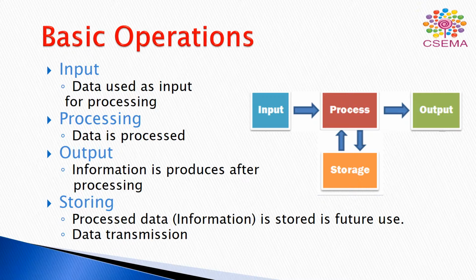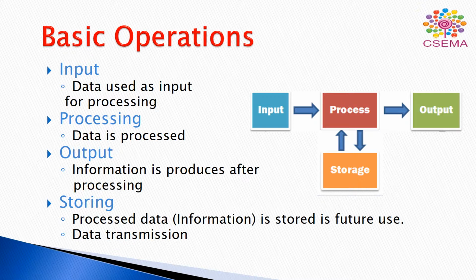When the computer gets input from the user by using input devices, then this data must be processed, meaning any kind of operations performed on data is called processing. And the third important basic operation of the computer is output. When data is processed, data can be any raw fact that we provide as input to the computer.